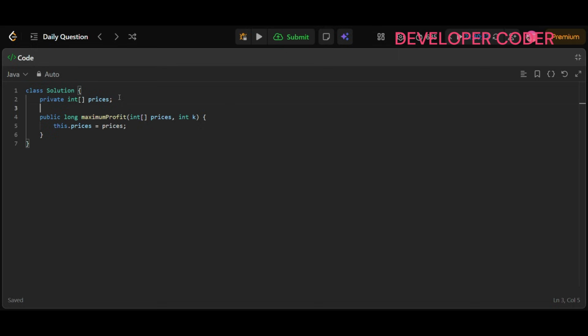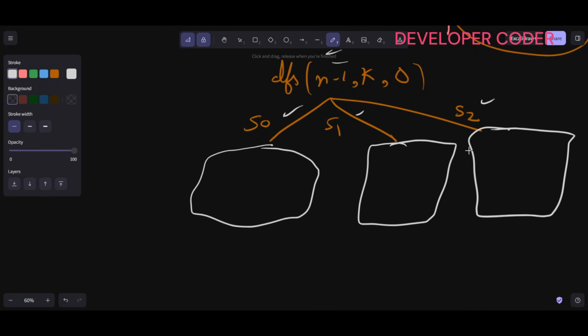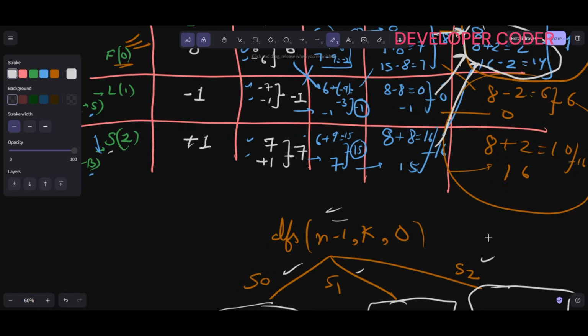Same way, here you can use memoization. Why do you need to use memoization? Because there may be some repetitive trees which we need to solve again and again. To avoid that, we can use memoization, and in memoization only three things are changing: one is your i, one is your j, and one is your state.